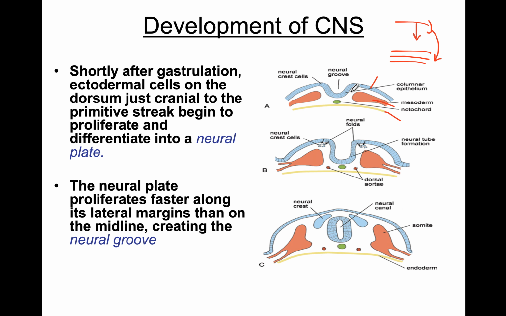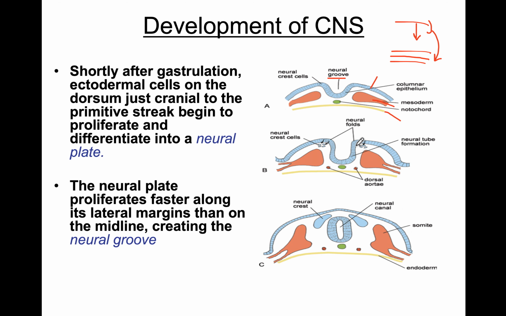We can see here at the area of the future brain, almost in the mid region, there is differentiation of these ectodermal cells into neuroectodermal cells, and these cells will proliferate faster in the periphery than in the midline. At the end, we can see this groove that forms, which is the neural groove.